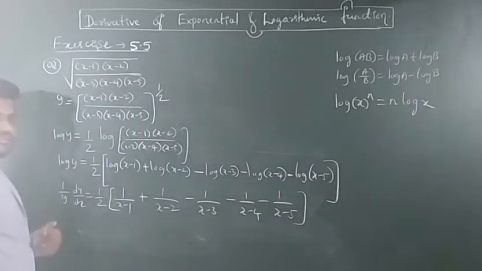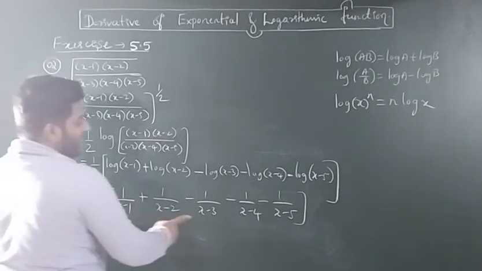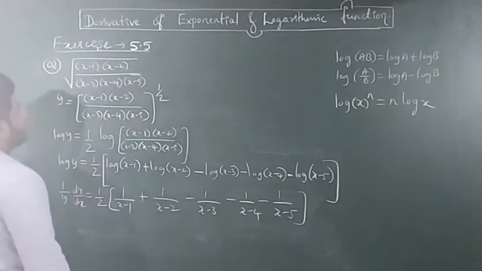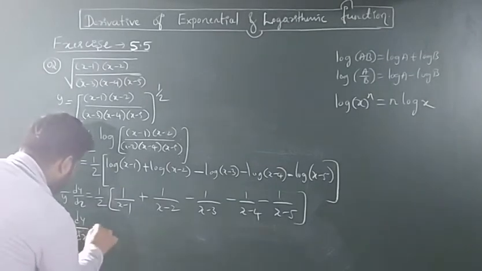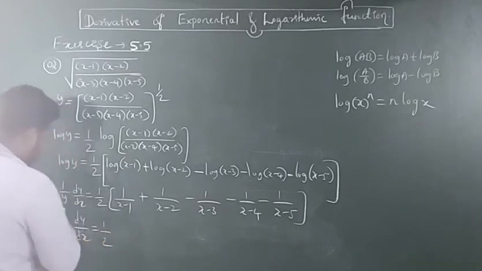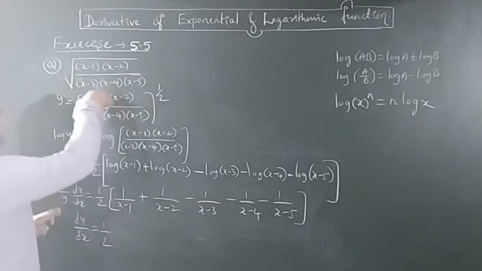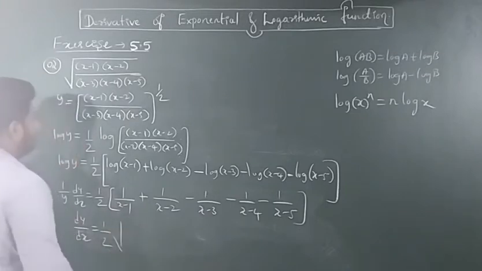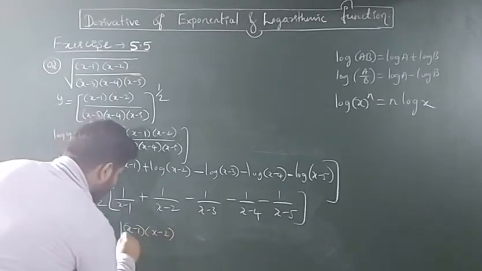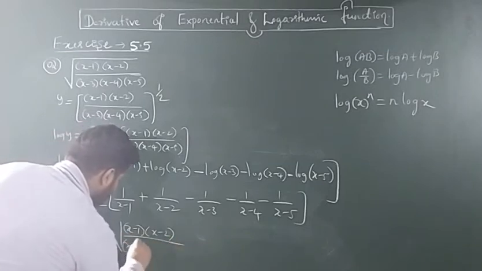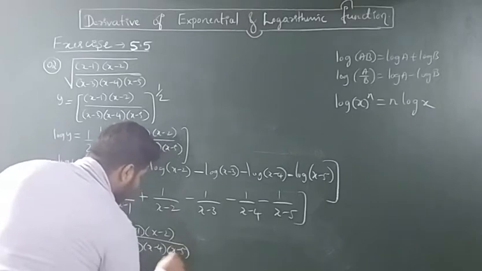We got the differentiation here. Now take this y to this side and again simplify by taking the LCM values. Right? So dy by dx equal to 1 by 2. Whatever y is there, take it to this side, and whatever y is there you already have here, so write that: square root of (x minus 1)(x minus 2) divided by (x minus 3)(x minus 4)(x minus 5).